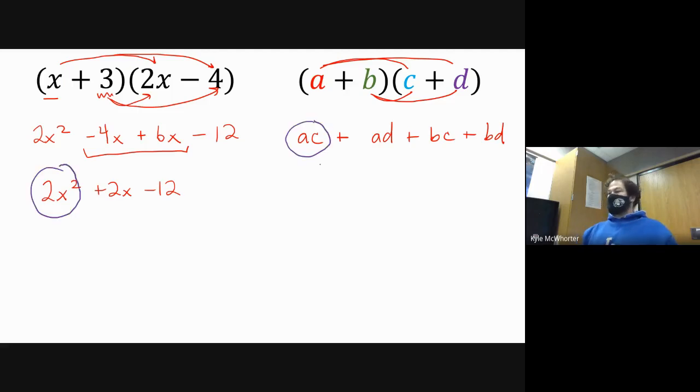And if you notice, the one thing I want to point out is that this first term is always the first two things multiplied. If you multiply the first parts of each binomial, that gives you the first term in the trinomial. First times first gives you the first term, and the last times the last gives you the last term.